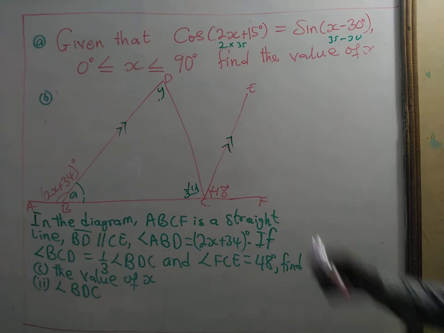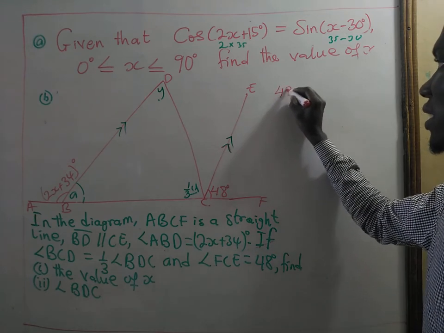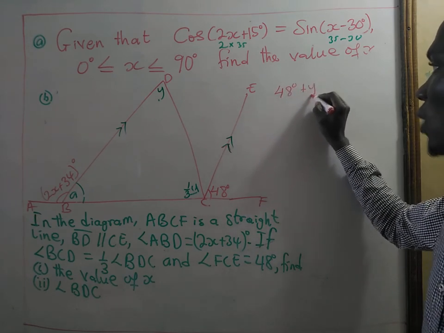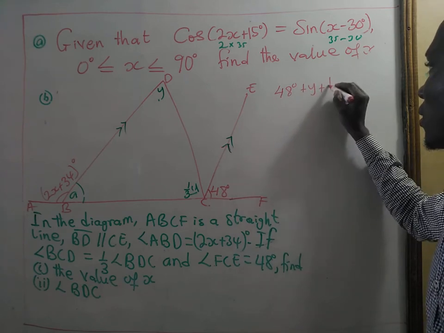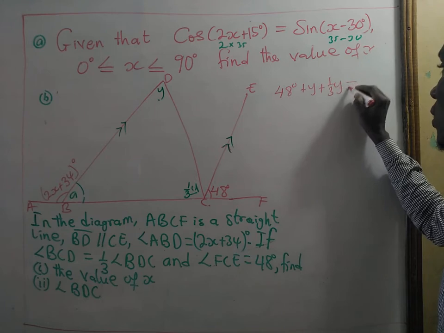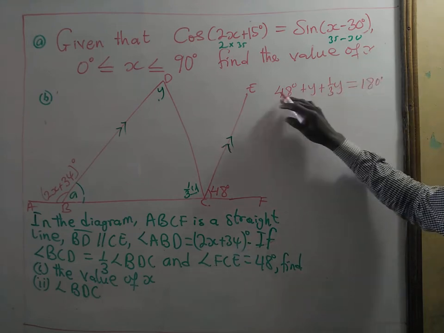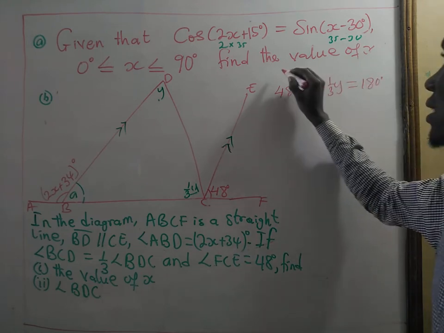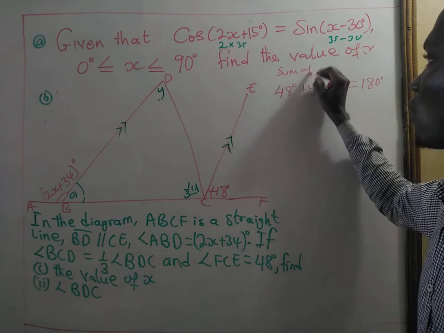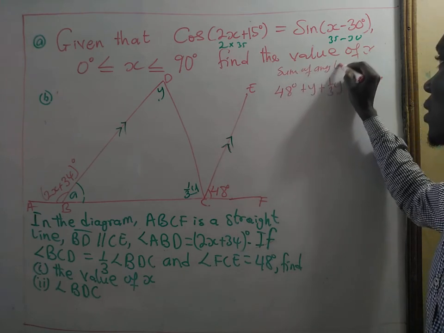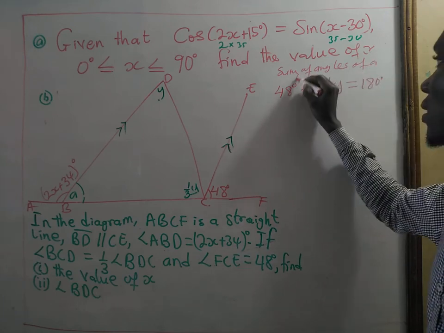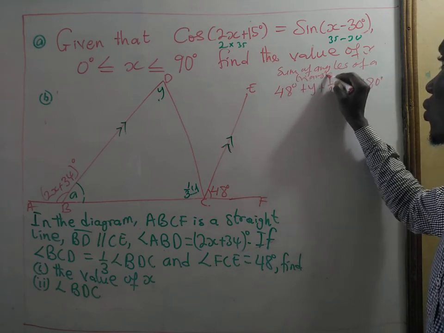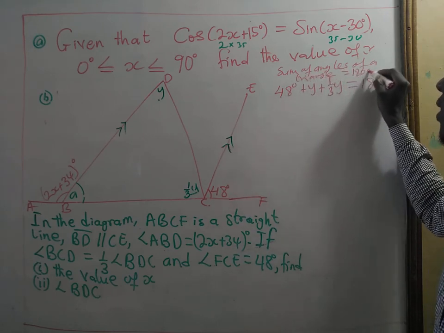So we have 48 degrees plus y plus 1/3 of y is equal to 180 degrees. Then what property is that? That is sum of interior angles of a triangle equal to 180 degrees.